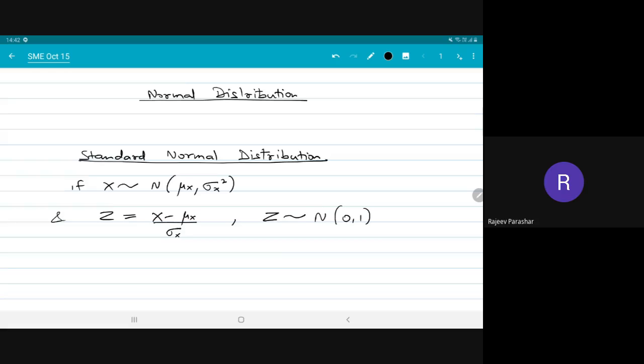This will have the parameters mu equal to 0 and sigma equal to 1, and we call z a standard normal variable.